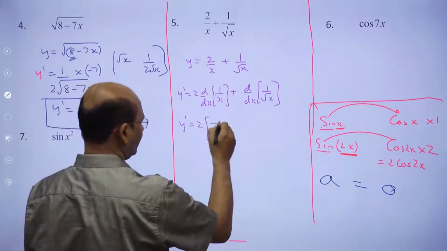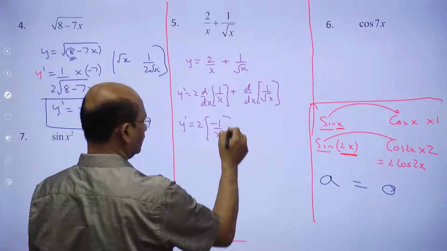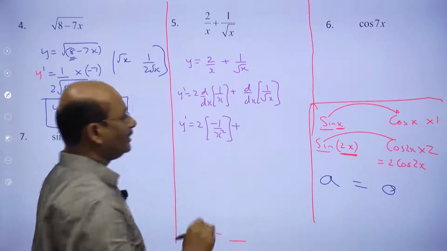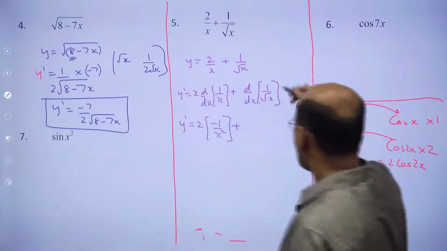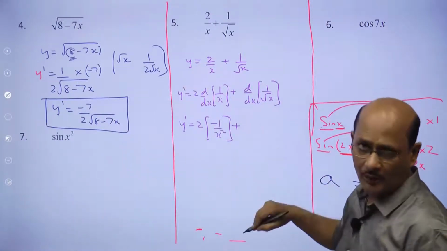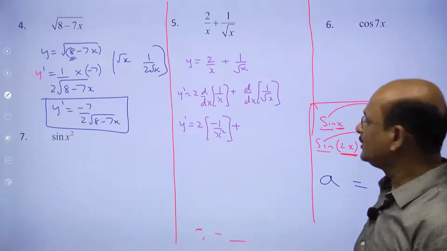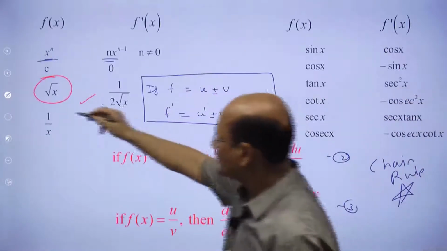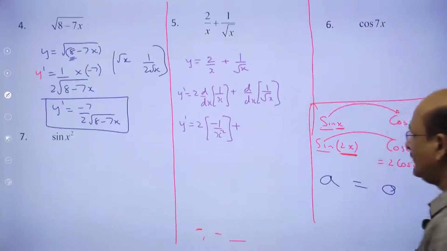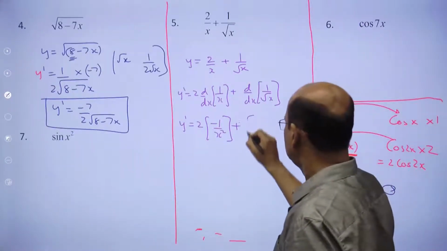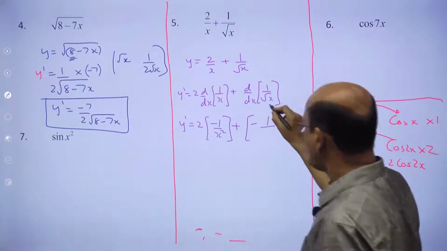So I have no problem with the first one. Plus. Now the derivative of 1 upon something. What I just now said in the previous sum, the derivative of 1 upon something is minus 1 upon square of that something. So what happens here? Minus 1 upon square of this something.